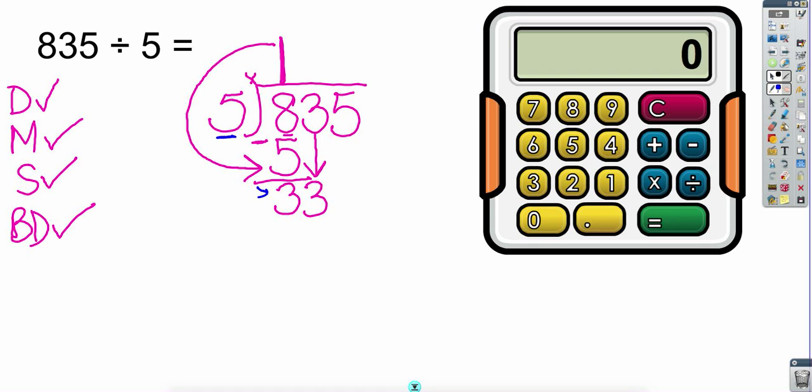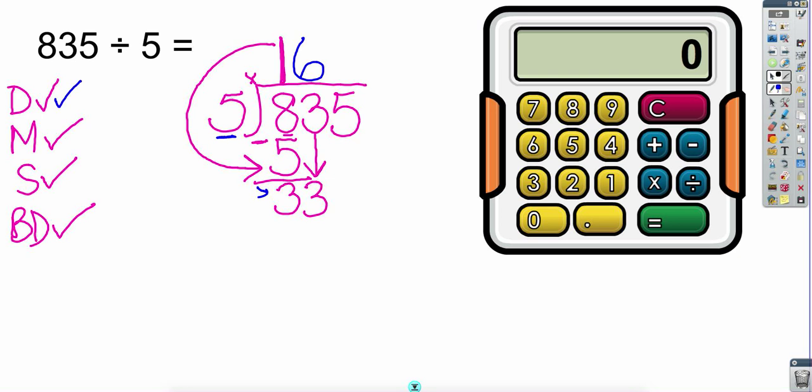And I say, uh-oh, 35. I passed 33. So it's not 7 times. 5 goes into 33 6 times without going over. So when I divide, my answer goes high. And I give myself a check.